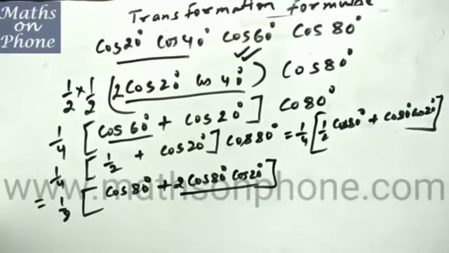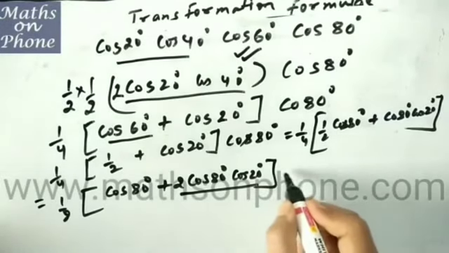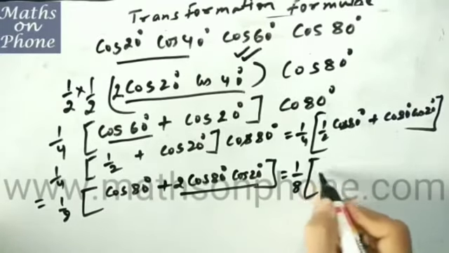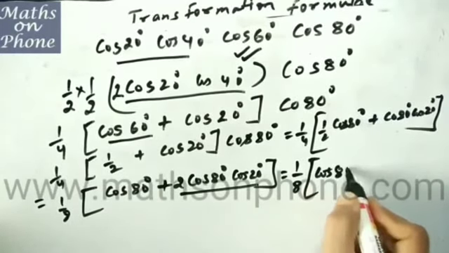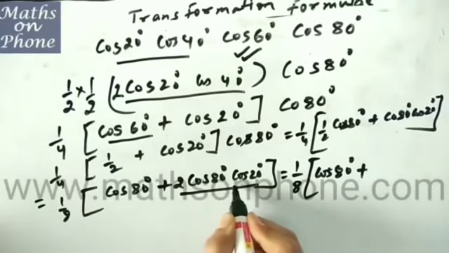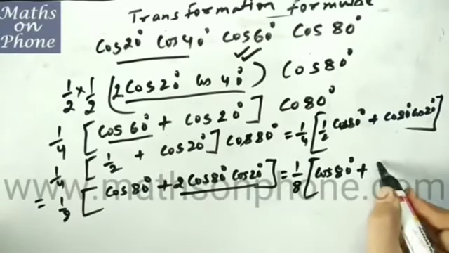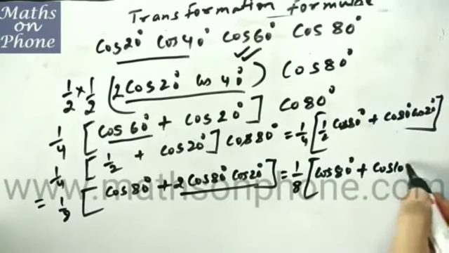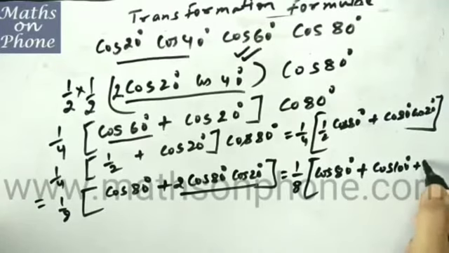Again it is in the form of 2 cos A into cos B. So on applying the formula, it is cos 80 as it is, and this is cos (A plus B) plus cos (A minus B). That is cos (A plus B), 80 plus 20 is 100 degree, plus cos (A minus B), that is 80 minus 20, is 60 degree.